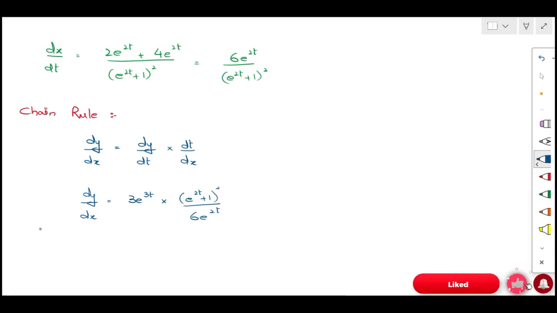Okay, now let me find its simplified expression. So 3 times 1 is 3, 3 times 2 is 6, e^(2t) is cancelled with e^(2t), so just e^t is left, right?